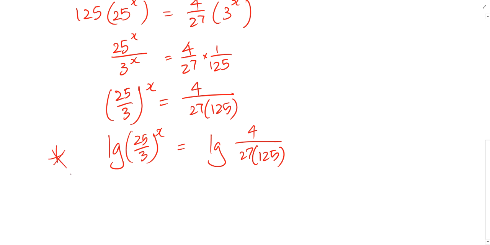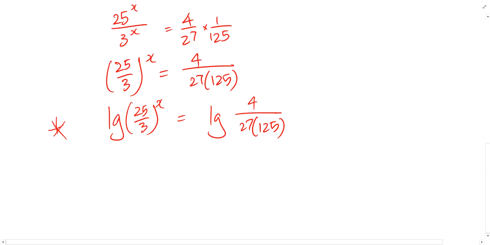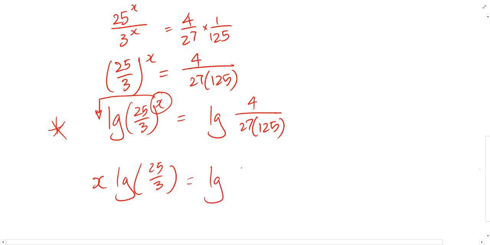How does that help me find x? What shall I do with this x over here? Move it forward, move it over here. x log of 25 over 3 equals log of 4 over 27 times 125. And from 25 over 3 to the power x equals, you can change this to log form instead of taking log.